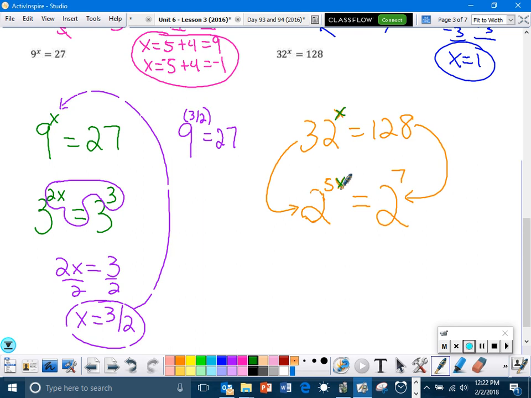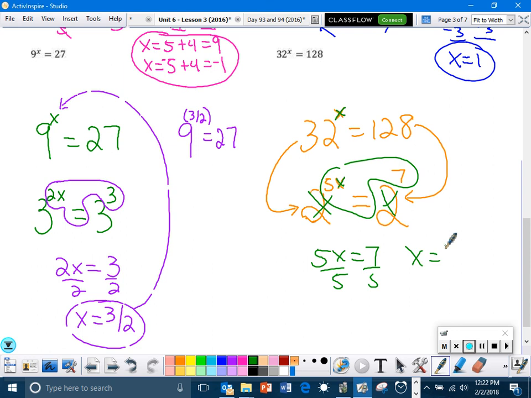Now that the bases are the same, I can set the two exponents equal to each other, divide by 5, and I find out that x equals 7/5. So that is the missing exponent. Take your calculator, type in 32 to the 7/5 power, and you should get the answer.